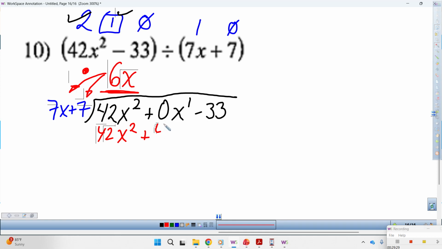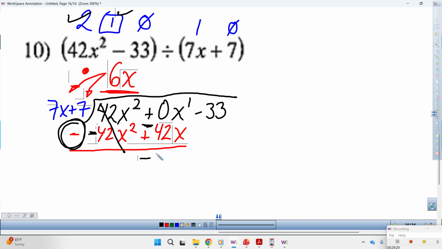That's positive 42x. Put a subtraction sign, and what did I ask you to do? Circle that to distribute here and here. This cancels. 0 minus 42 is negative 42x. Bring down the last term, negative 33.